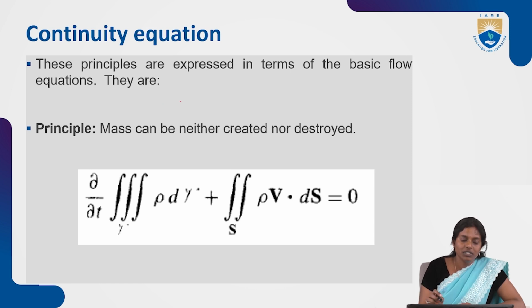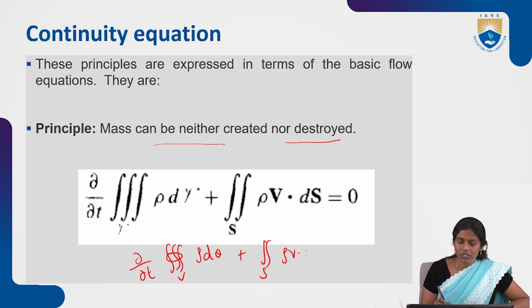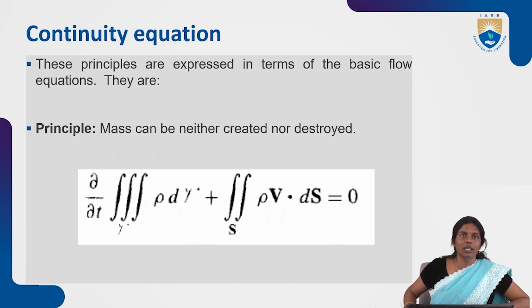The continuity equation says that mass can be neither created nor destroyed. The equation is the partial derivative with respect to t of the volume integral of rho dV plus the surface integral of rho V dS equal to 0. So conservation of mass is called the continuity equation.